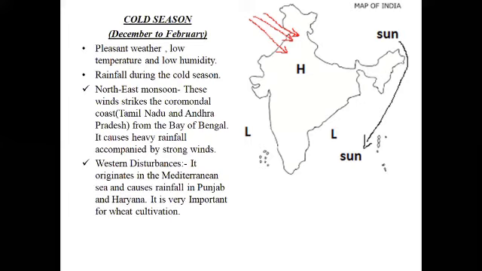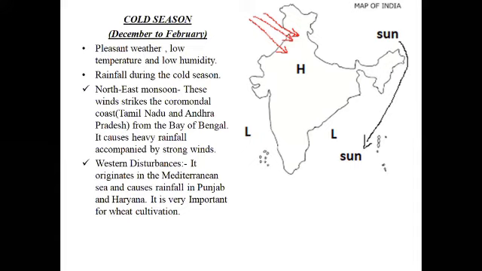Now, in the winter season, as discussed earlier, because of the apparent movement of the sun towards the south, the sun is shining directly over the Tropic of Capricorn, which is located to the south of India.